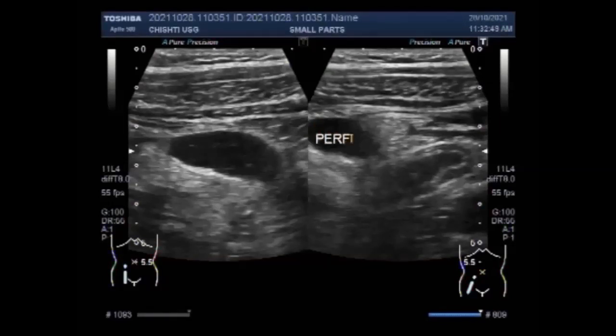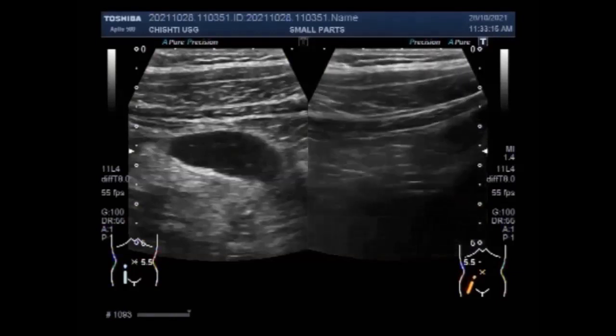This area is extremely tender with the patient experiencing intense pain. Now you can see the whole length of the inflamed appendix, and the sealed perforation is seen along the interior wall of the inflamed appendix.